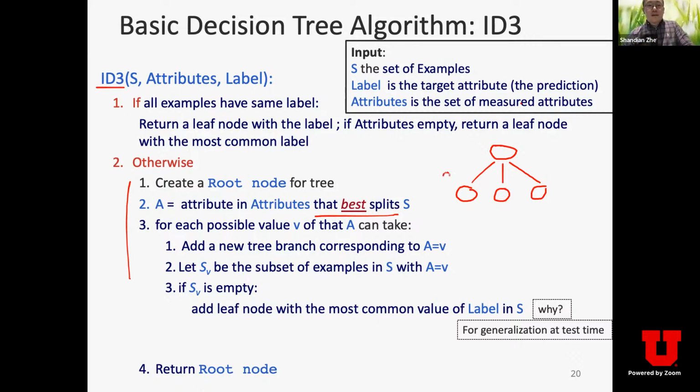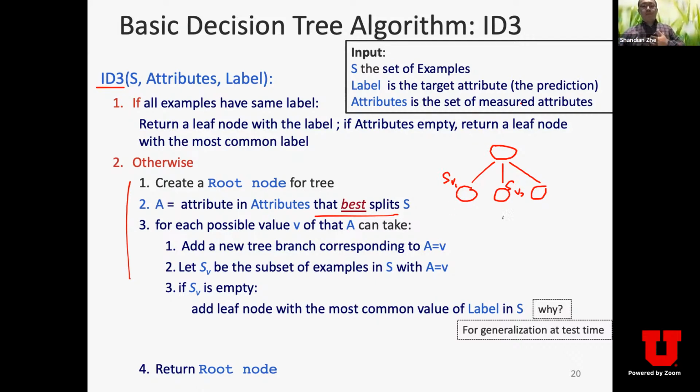And you can view this as SV1, and this as SV2, where each SV1 is the subset of examples whose attribute A takes the same value V1, right?